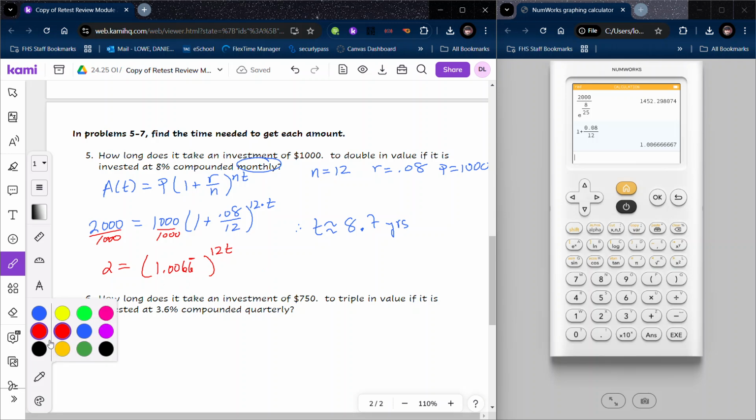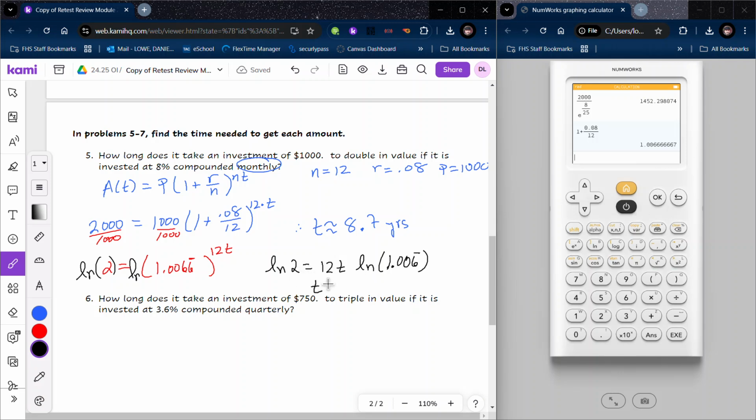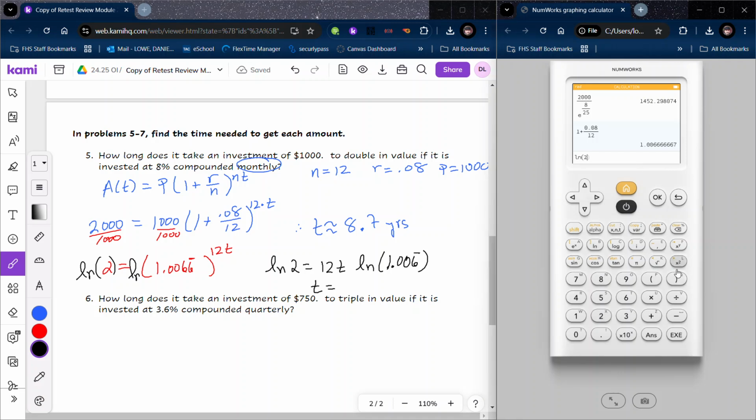And in order to solve this, I could take the natural log of both sides. That would tell me that the natural log of 2 is equal to 12t times the natural log of that 1.006 repeating. And all I would need to do then is use my calculator to solve for t. t is going to be given by the natural log of 2 divided by 12 times that natural log.